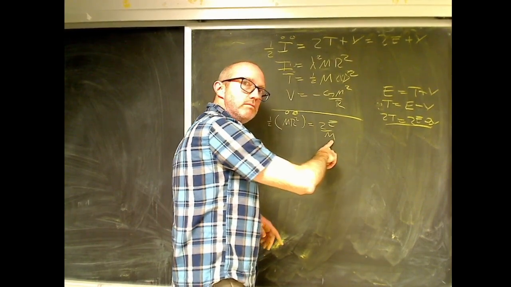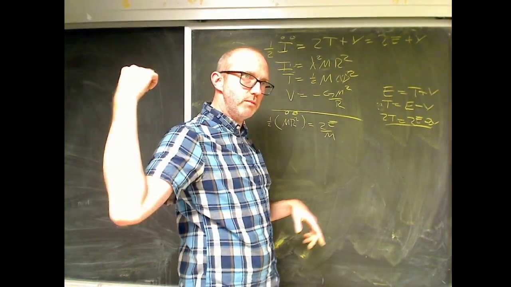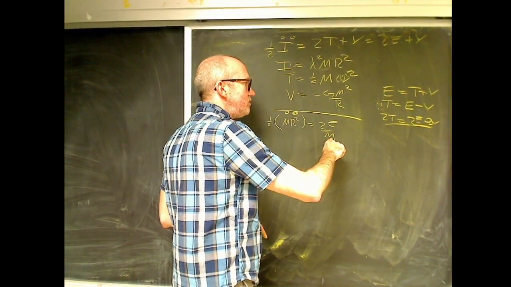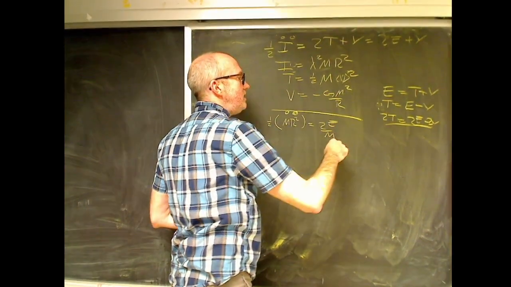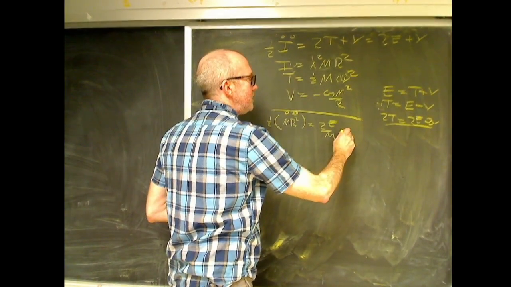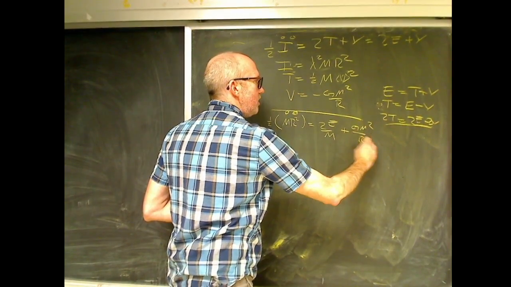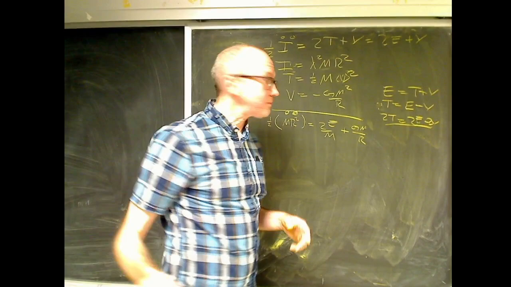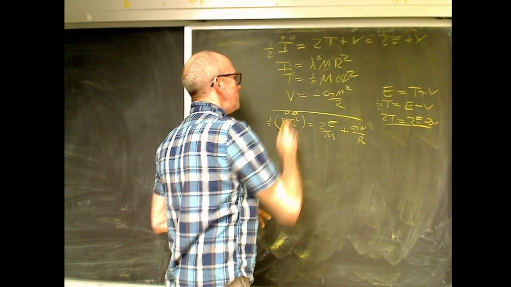M is conserved, constant, even though I did show you that we lose a lot of particles. So for now, we'll treat this as constant. I'm changing the first term: instead of being T, it's now E, and it's a constant, so that's cool. Minus V, which is now going to be plus GM squared over R. We divided through by M, and that's the lambda squared.